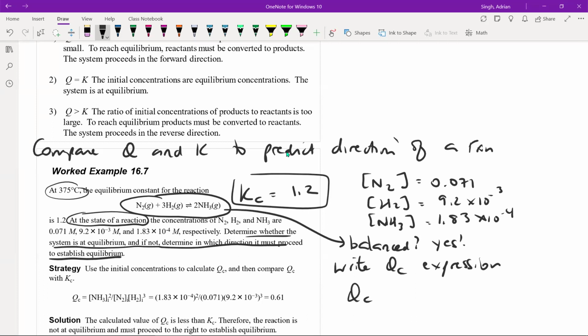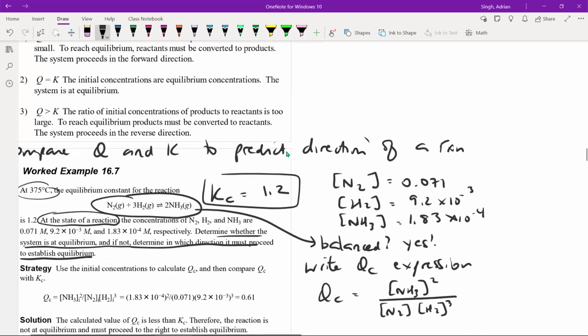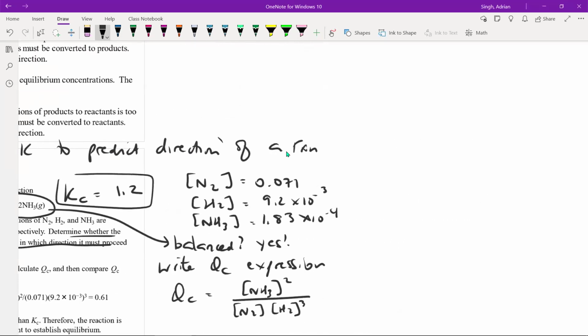So Qc is the products, NH3 raised to its coefficient of 2, so NH3 squared, divided by N2 to the first power times H2 to the third power, because those are their coefficients. Then all we do is substitute these values into our expression.